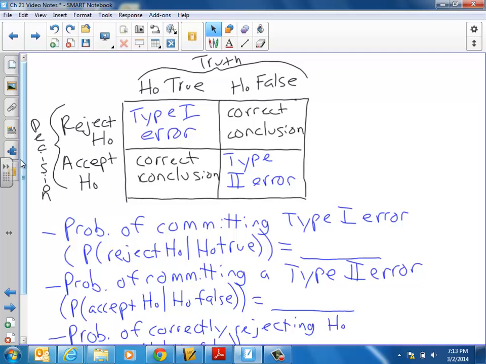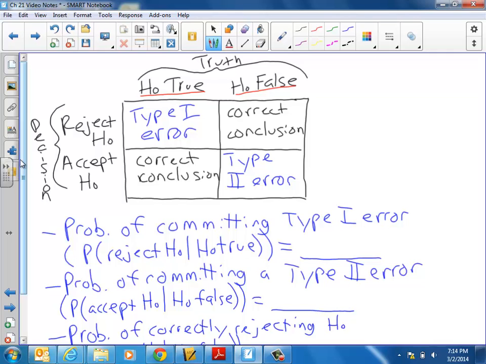You have either that the null hypothesis is true, that the population proportion the null hypothesis is claiming to be the case is actually the case, or that the population proportion is something else, that the null hypothesis population proportion assumption is false. So those are the only 2 things that can occur. Either P is what the defendant claims it to be, or P is not what the defendant claims it to be.